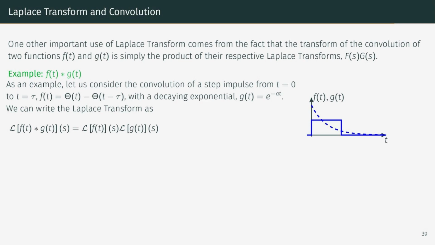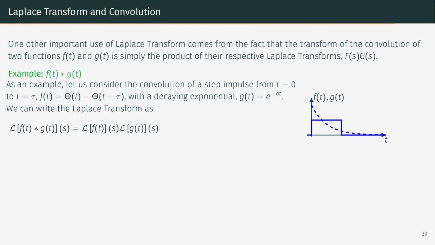Let us consider specifically the convolution of a step impulse from t equals 0 to t equals tau, f of t equals theta of t minus theta of t minus tau, with a decaying exponential g of t equals e to the negative at.